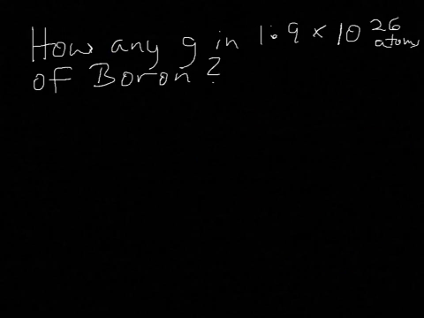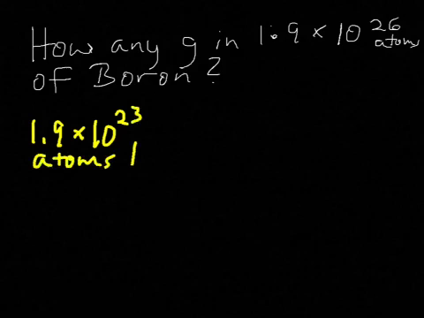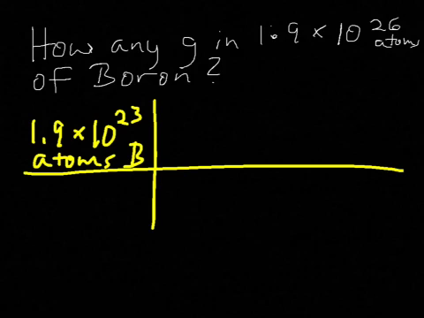Let's apply this system one more time. In this case, we're going to start with 1.9 times 10 to the 26 atoms of boron. Now, we don't have a conversion factor that will take us from atoms to grams, so we have to take it to the mole.